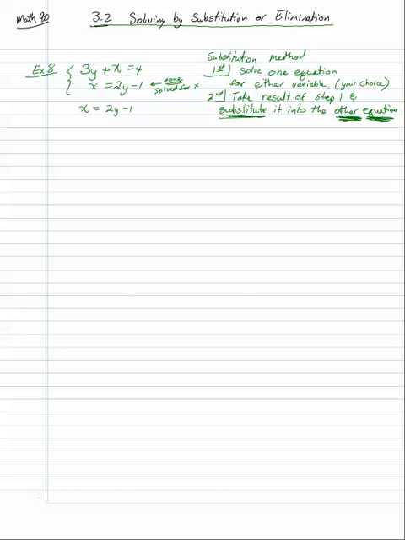So we're going to take the other equation, 3y plus x, and we're going to take that x out and put in 2y minus 1 for the x. So we're going to rewrite the top equation. Equation 1 is 3y, we take the x out and substitute in for x 2y minus 1. See, that's the key step. That's why it's called the substitution method.